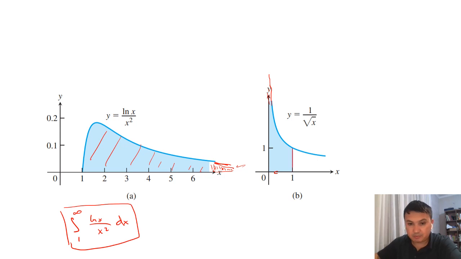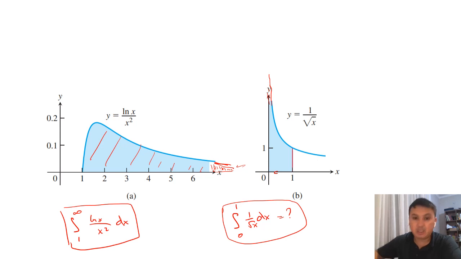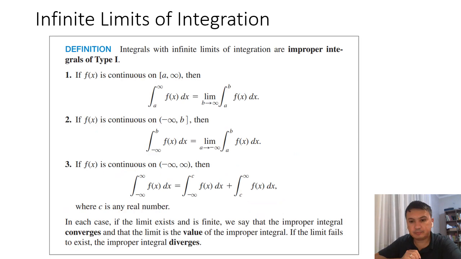So the question remains the same: can I make sense of this integral of 1 over square root of x dx? Can I define it at all? Because at x equal to 0, 1 over square root of x is not defined. So we want to discuss such integrals, and in which cases we can say that it has a value, and in which cases it doesn't.